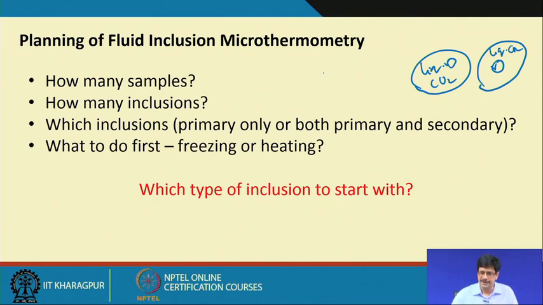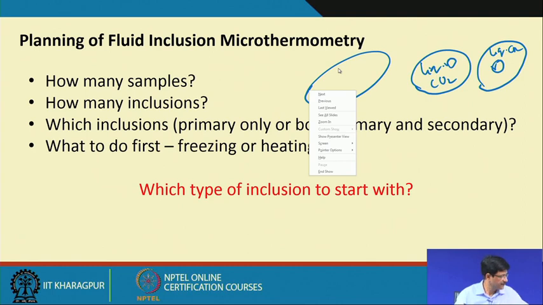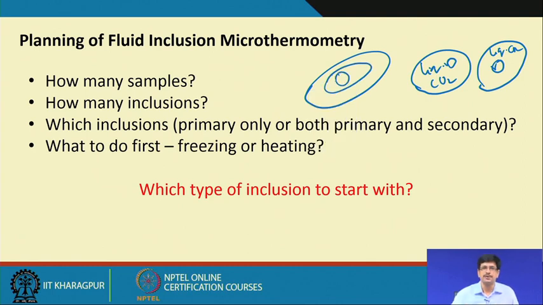And even the aqueous carbonic inclusions can be subjected to freezing experiment first, where we know that the liquid carbonic component will also have a vapor, and we also can get a partial homogenization of this carbonic component, exactly as it happens in a pure carbonic inclusion.